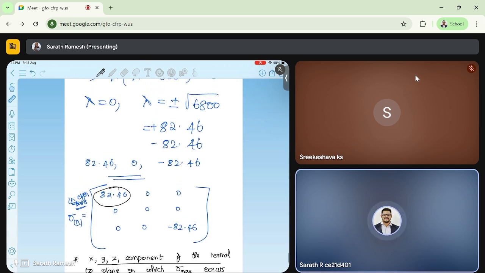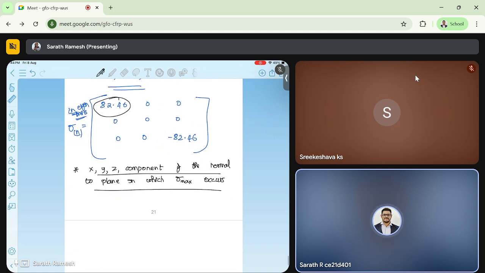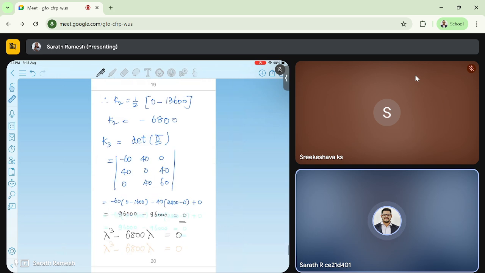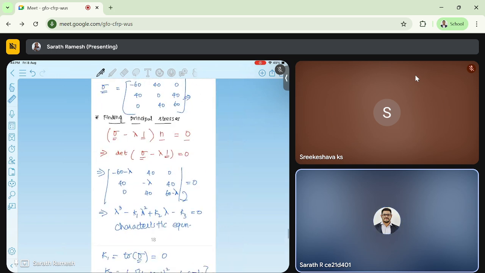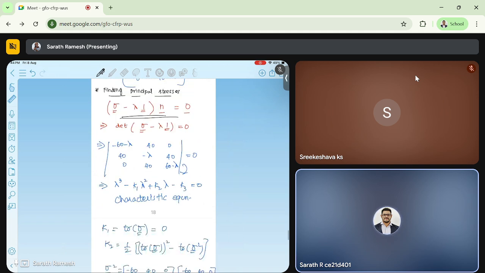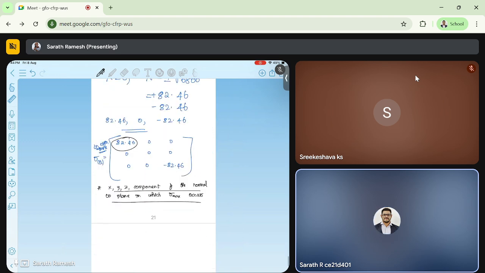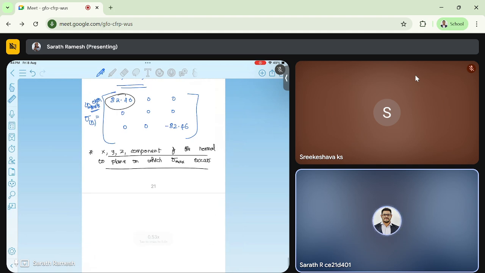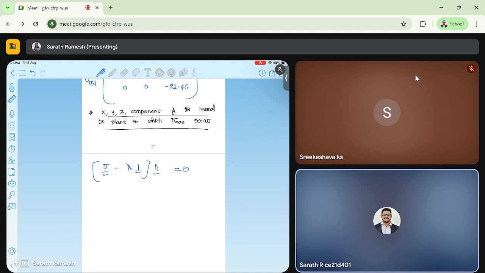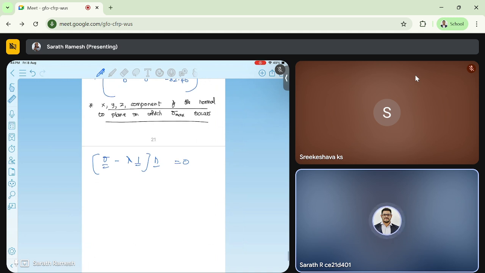So for lambda equal to 82.46, we have to substitute back into this equation. So let's substitute back. Here we are finding the principal direction. So sigma minus lambda I times n is equal to 0. This is the eigenvalue problem that we had.